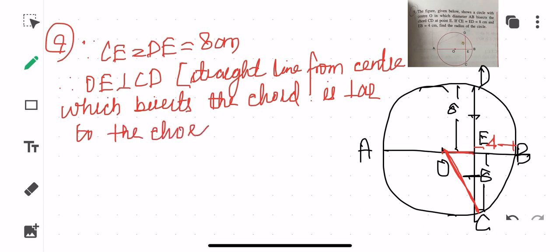Okay, so why have we done this, children? We have done this just to show that this particular line is perpendicular to the chord. So what you will be writing? This implies OE is perpendicular to CD.